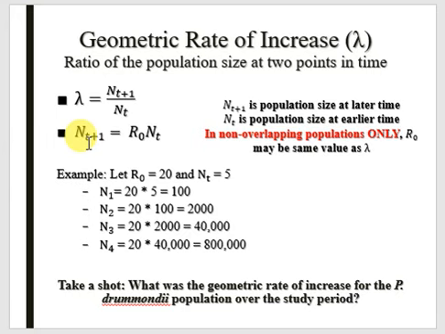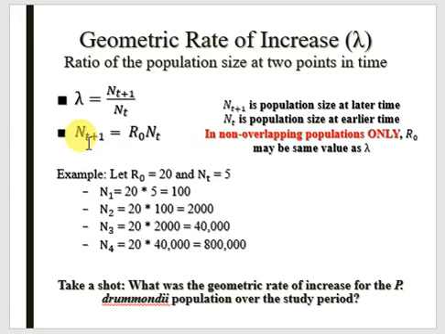You can take that value and multiply it by the reproductive rate, which is going to be your rate of change in the population, to determine what the population size will be at some different time in history, or in a different generation.